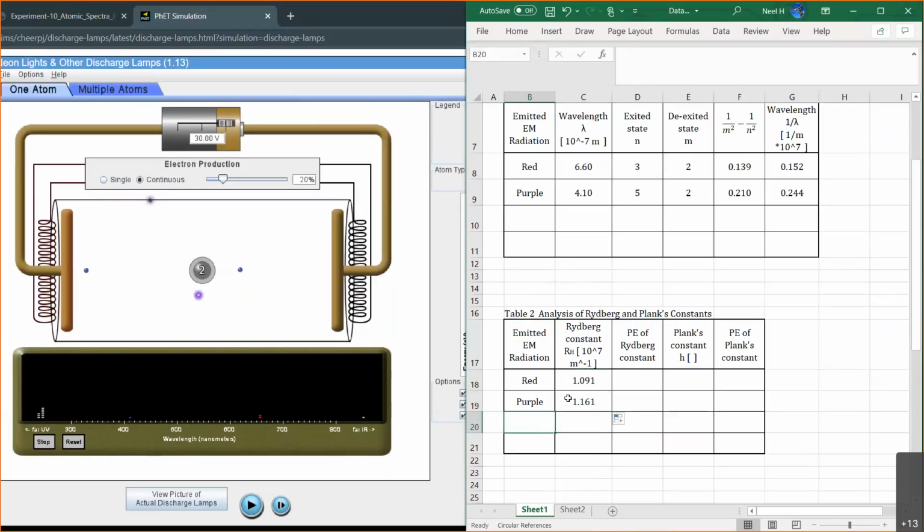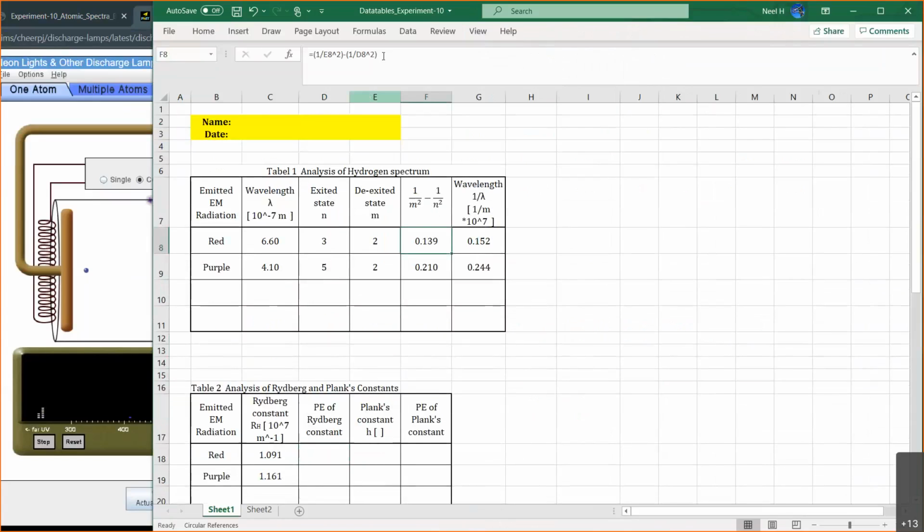Question. Okay, let's do the percentage error also for the Rydberg constant, to keep track of how much error is happening with our readings. Let me copy and paste those right here. This is the command I'm using: parentheses 1 over m squared minus parentheses 1 over n squared.